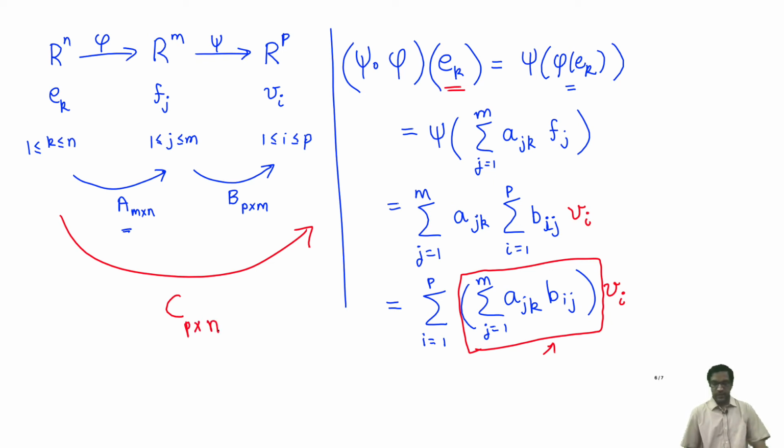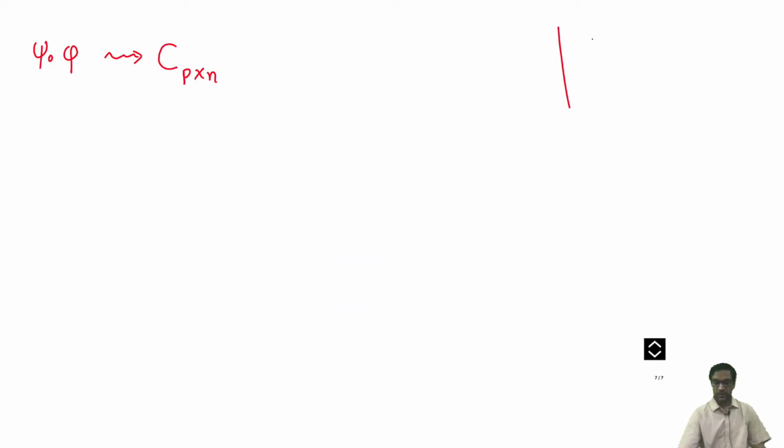Now, if you remember how things work in the case of vector spaces, we would just say that matrix C is known, it's just the product of the two matrices B and A, right? This is how it works when you compute matrices of linear transformations in the case of vector spaces.